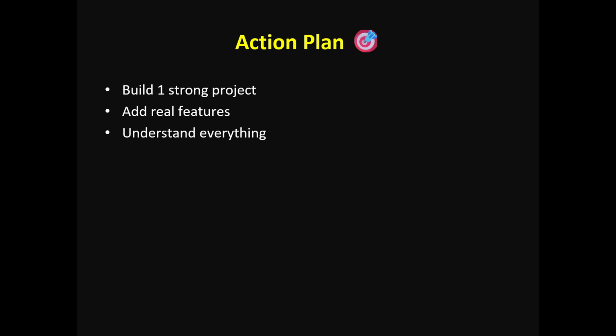That means you build one project, and in that project you integrate all these features: exception handling, logging, monitoring. That integration of multiple concepts together, trying to implement it, that is called reality, okay.